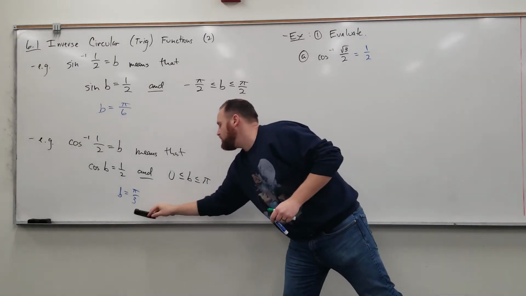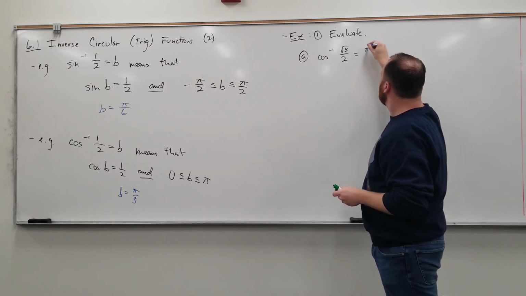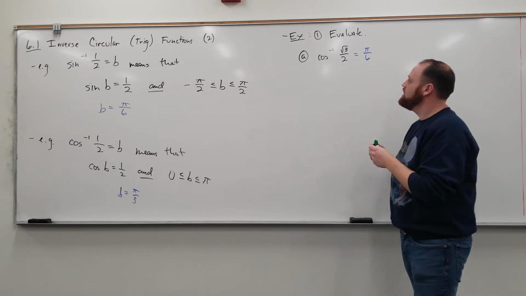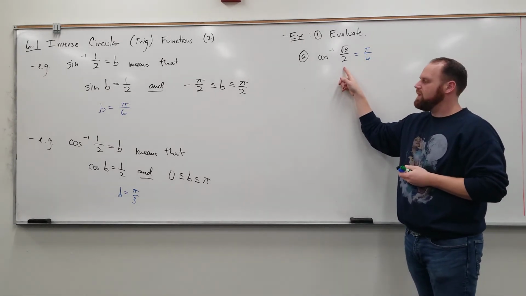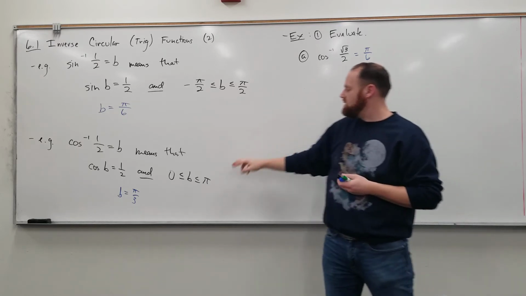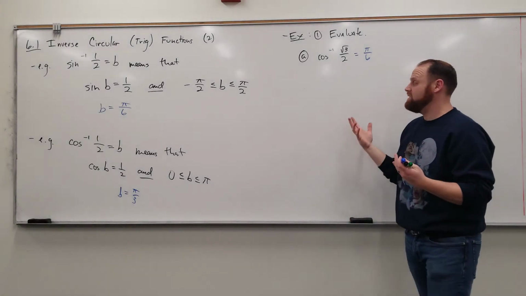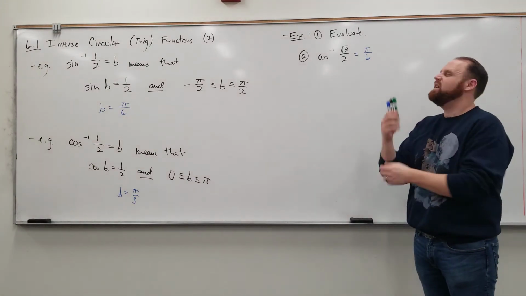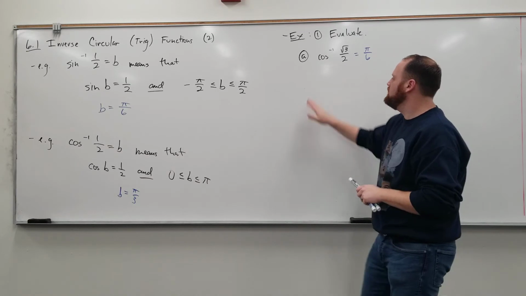It has to be pi over 6. So cosine of pi over 6 is root 3 over 2. And pi over 6 lives between 0 and pi, so it satisfies both of those criteria.